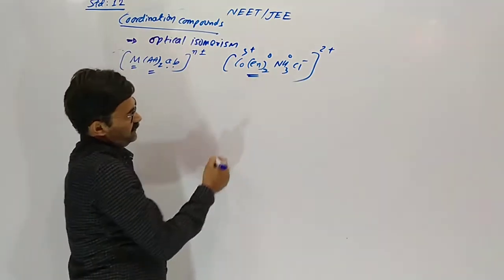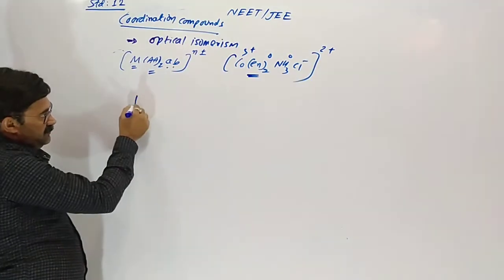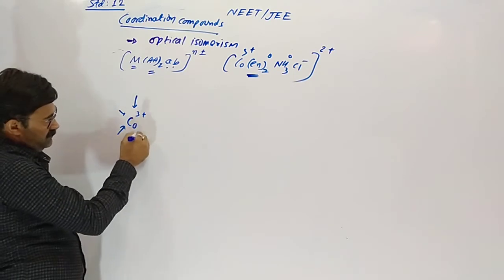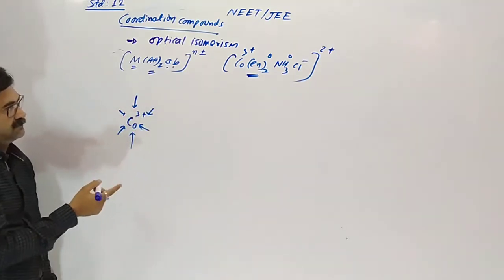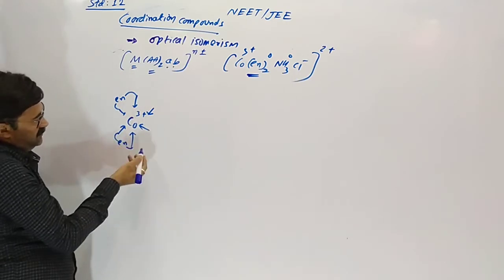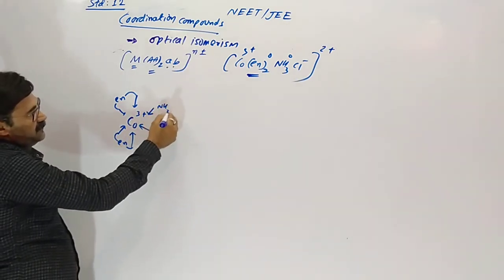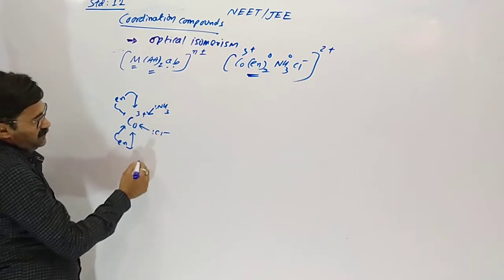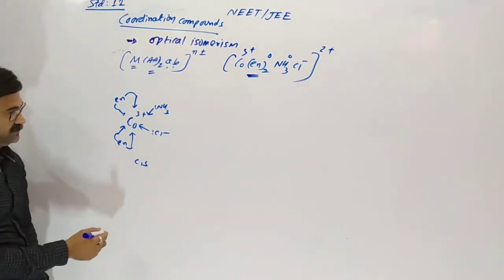On the basis of En, we can say here cobalt, the 2 En are close to each other. So obviously, this is cis.